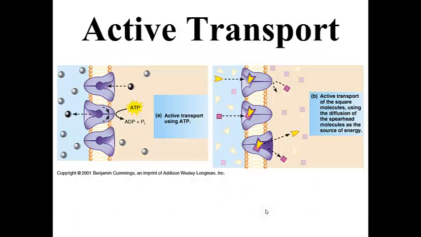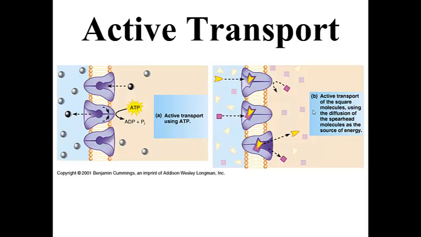Okay, active transport. It's the same situation where you've got molecules that need to come in, and the protein will spin around or gates will open and let the molecule through, but that requires energy to open. Also, it's going to do the reverse and let things out. Active transport of square molecules using the diffusion of a spearhead molecule as the source of energy.